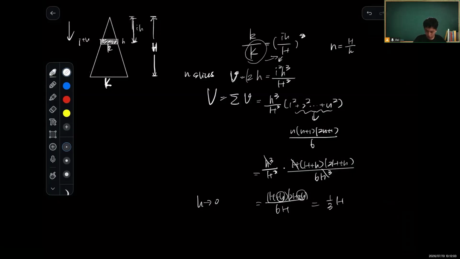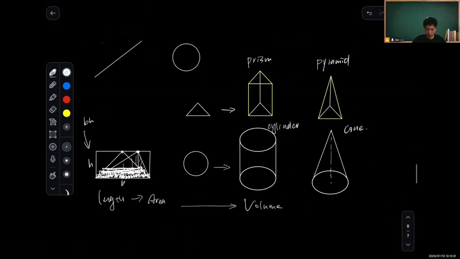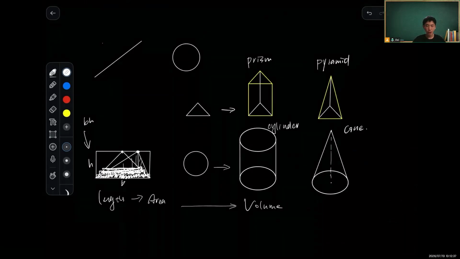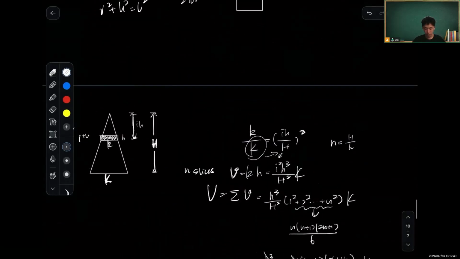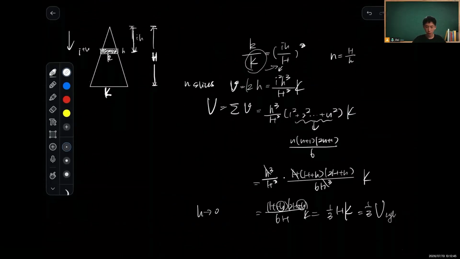So what is going to happen here is everything gets a big K. And this, in fact, is 1/3 of the volume of the cylinder that has the same base and the same height. So in this case, we have analogously found that since the triangle is 1/2 the area of the rectangle corresponding to the triangle, the cone is 1/3 of the corresponding cylinder volume.